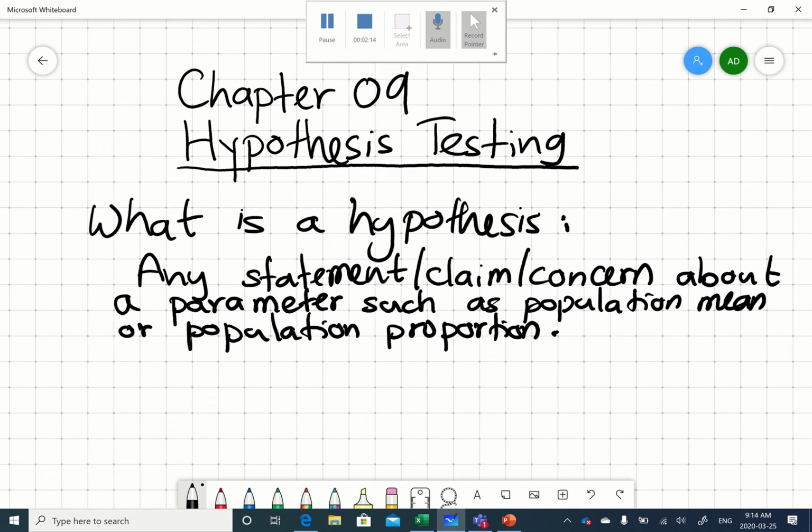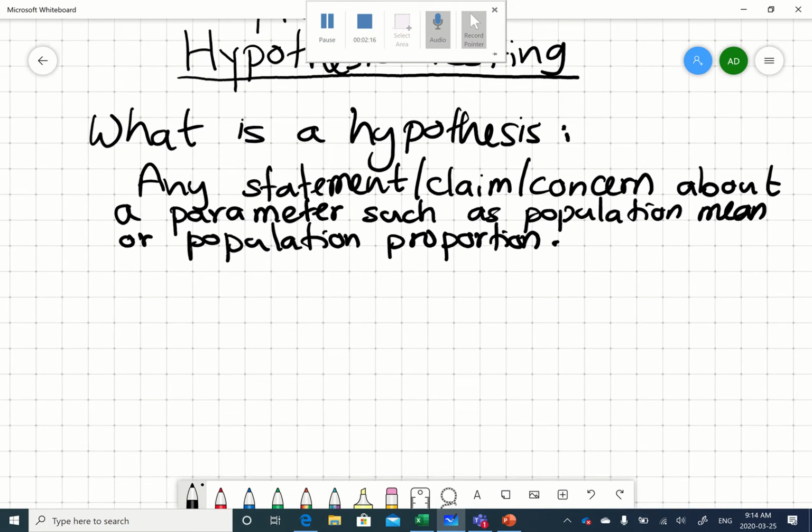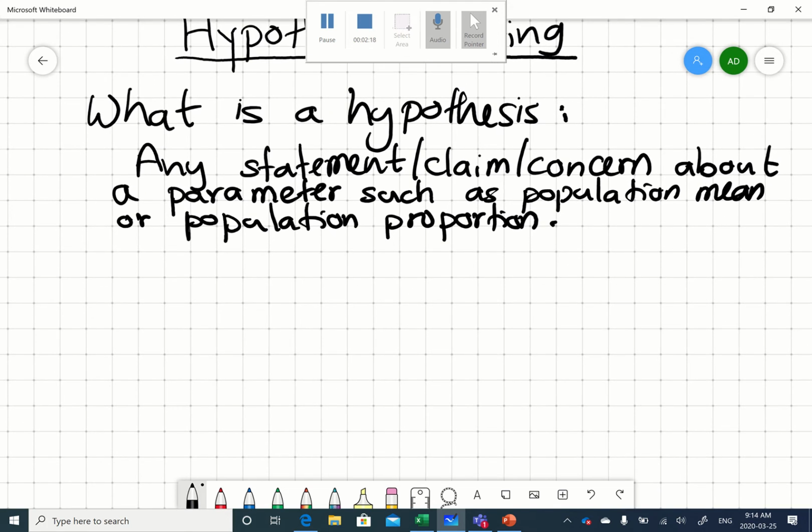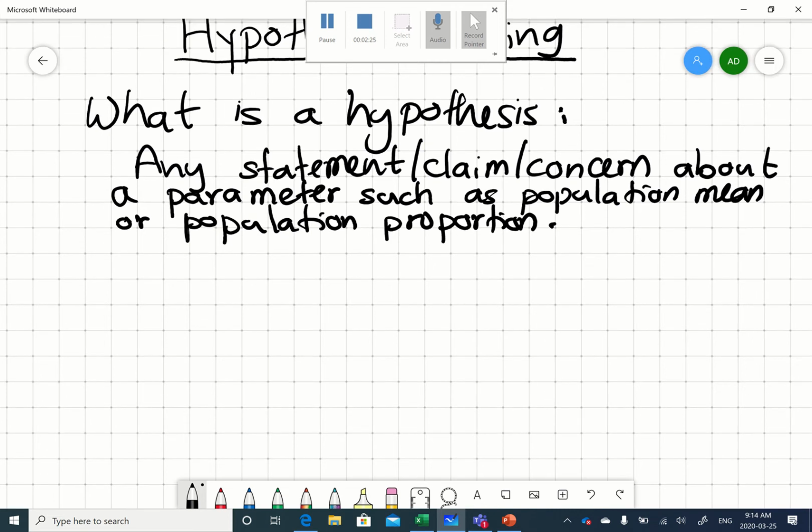So any hypothesis is always about the parameter. It can never be about a sample value. You cannot build a hypothesis about the sample mean because the sample mean is a known number, so it's not going to be a hypothetical statement.